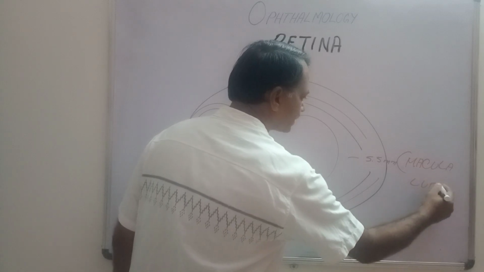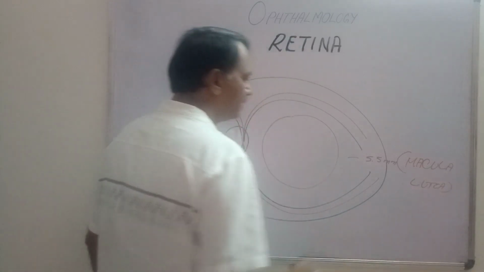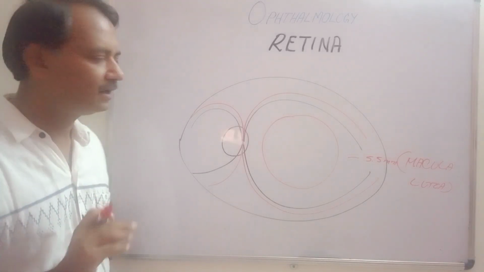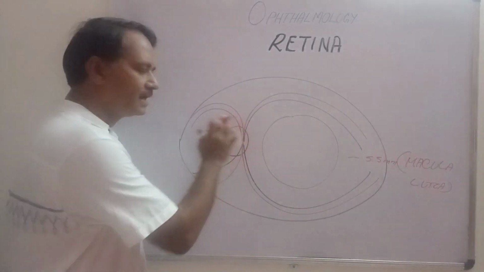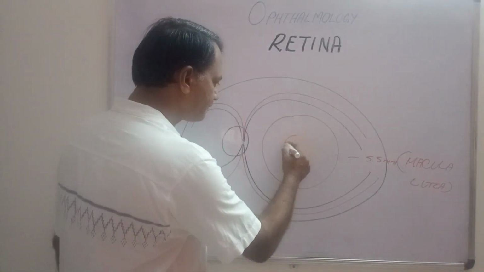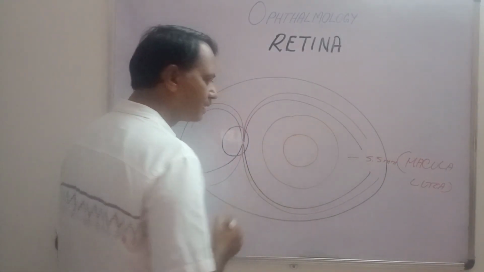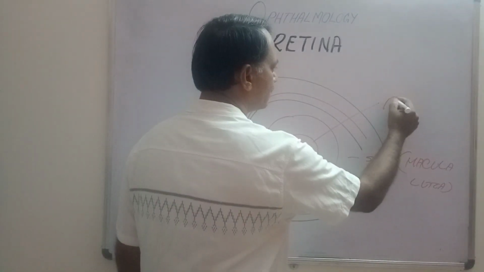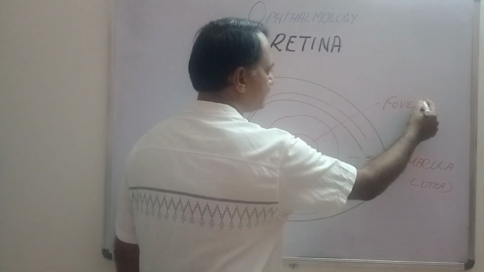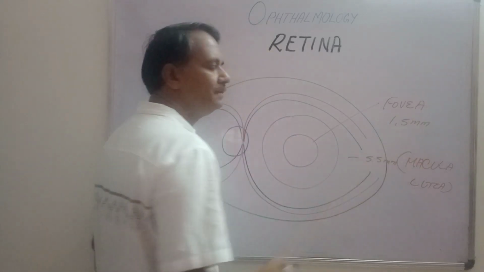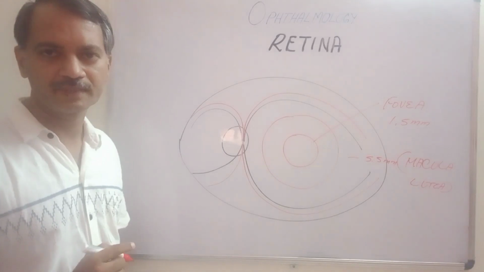In the center of the macula lutea, exactly the size of the optic disc, you have the fovea. This is about 1.5 millimeters in diameter.